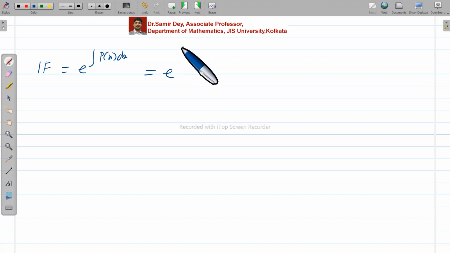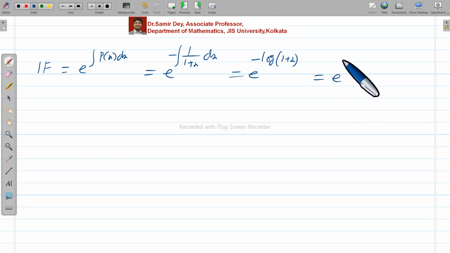So it is e to the power integral of minus 1 by 1 plus x dx. It is coming minus log of 1 plus x. Ultimately, it is e to the power log of (1 plus x) to the power minus 1, which is (1 plus x) to the power minus 1. So this is your integrating factor.